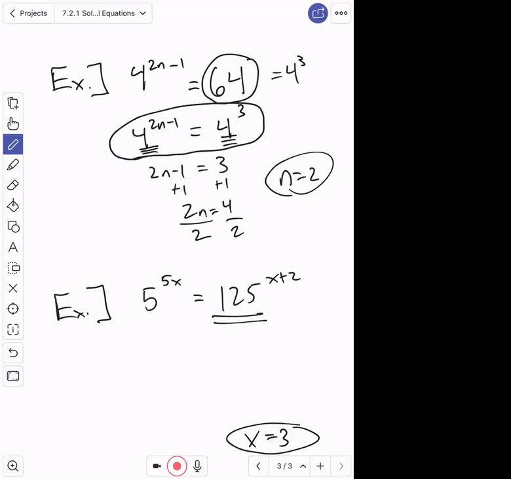Marquise, were you able to sort out how you change 125 to base 5? Not sure on that one yet. Emily? 5 to the 3rd? Emily, will you try to explain to me how, because obviously some people are going to struggle.